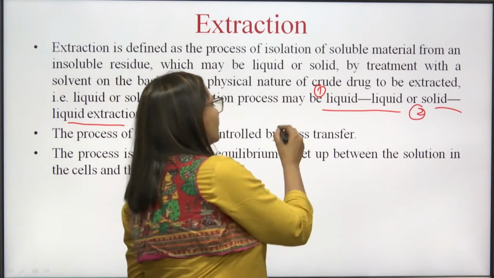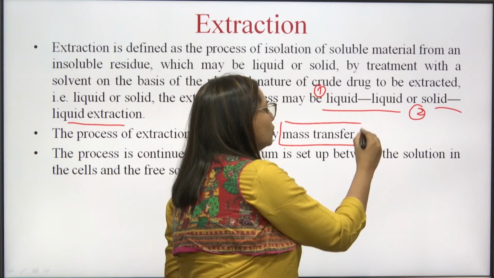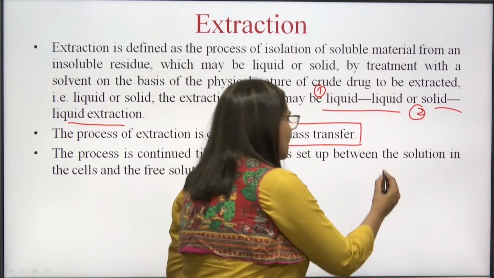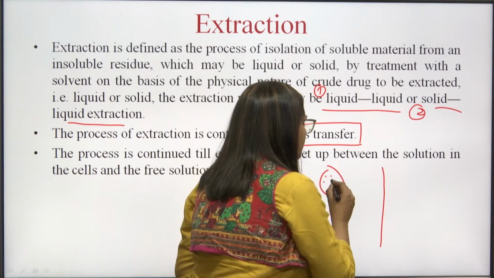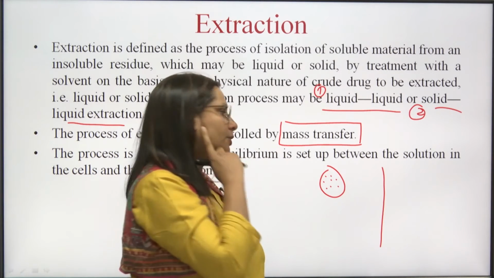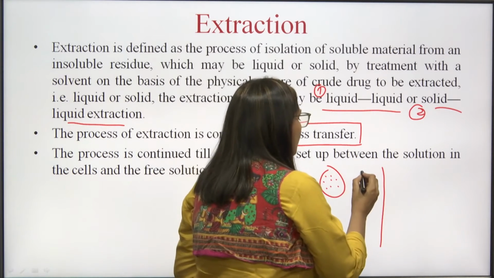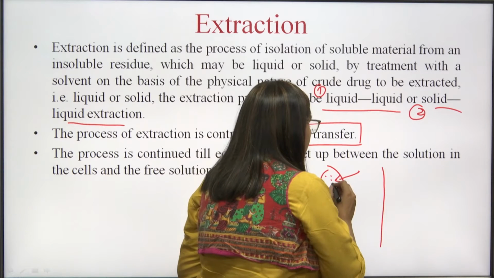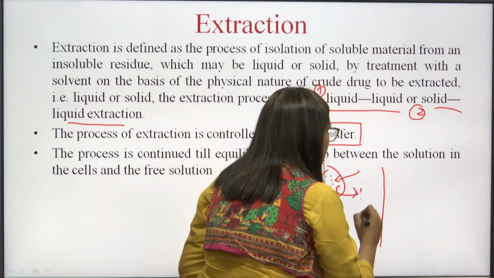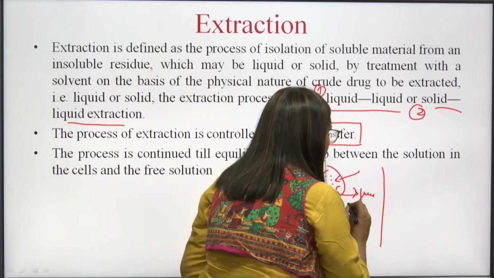This particular extraction procedure is controlled by the basic principle of mass transfer. That means the plant material having certain phytoconstituents, either primary metabolite or secondary metabolite, gets imbibed, and the materials are available as free cell solution.